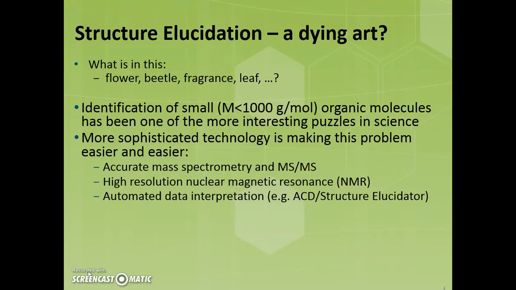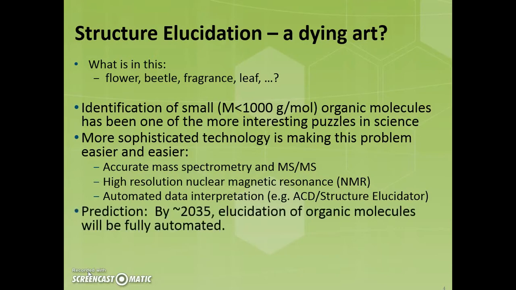And nowadays, there are software programs such as ACD Structure Elucidator that allow for automated data interpretation once we do have these data. So a little prediction on my part, whereas today elucidation still has many manual components other than for certain easy problems, really within the next 20 years we can expect that this problem will be completely automated.